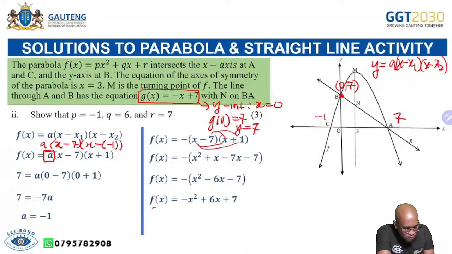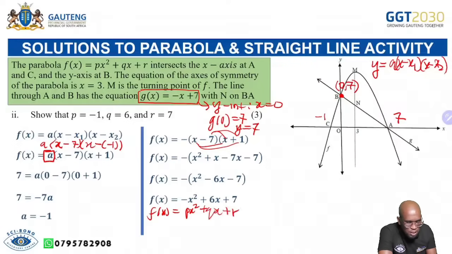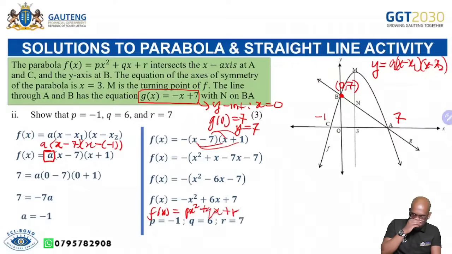So remember, f of x was given in the form px squared plus qx plus r. So we are now able to work out the values of p, q, and r. P is negative 1, q is 6, and r is negative 7. All right. So that is how you are going to work out the equation of this particular parabola.